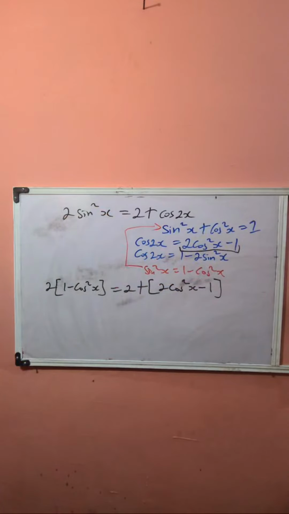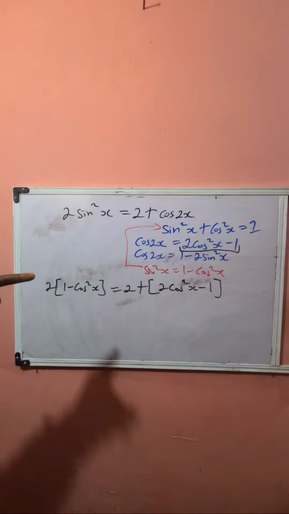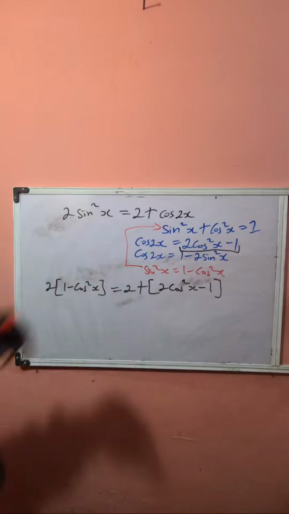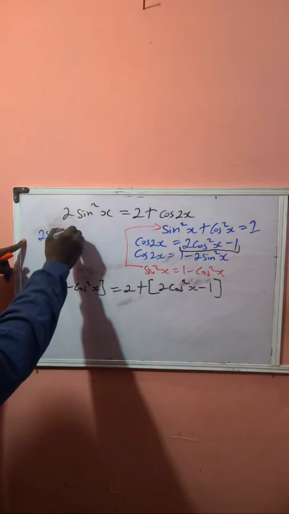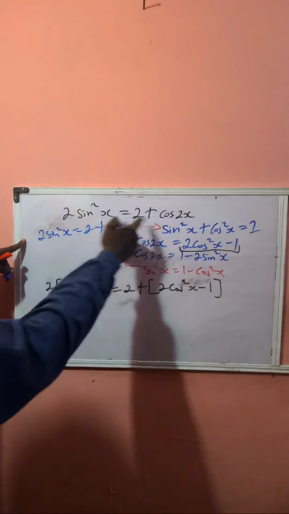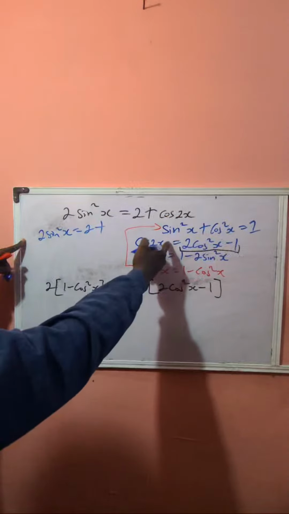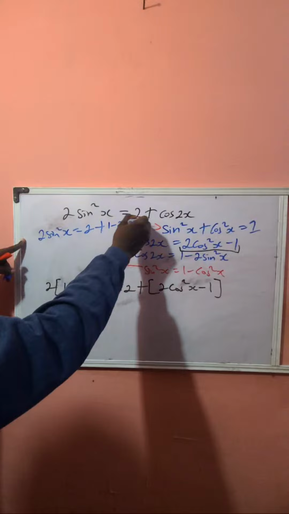You can decide to use sine. If you're going to use sine, look at how it's going to look. If I was using sine, then I would not need to change this at all, because this is sine. I will just say 2 sine square x will be equals to 2 plus, now this is what I will have to change. Instead of using this particular one, I'll be using 1 minus 2 sine square x.